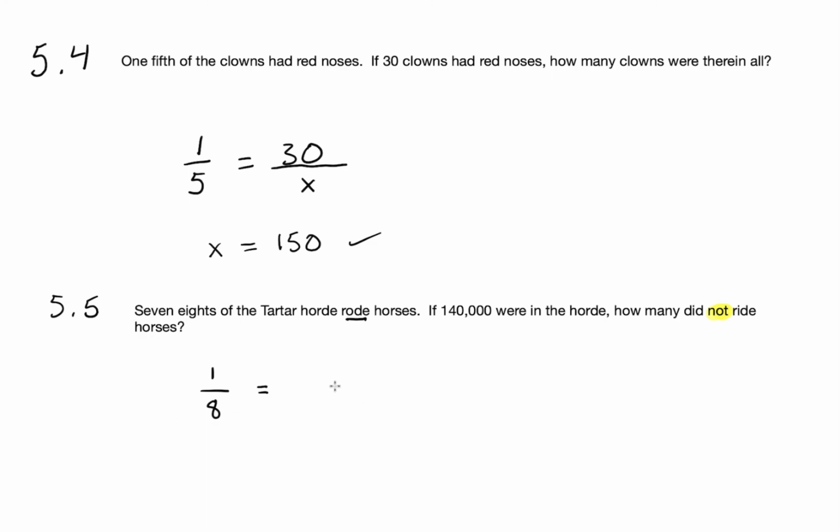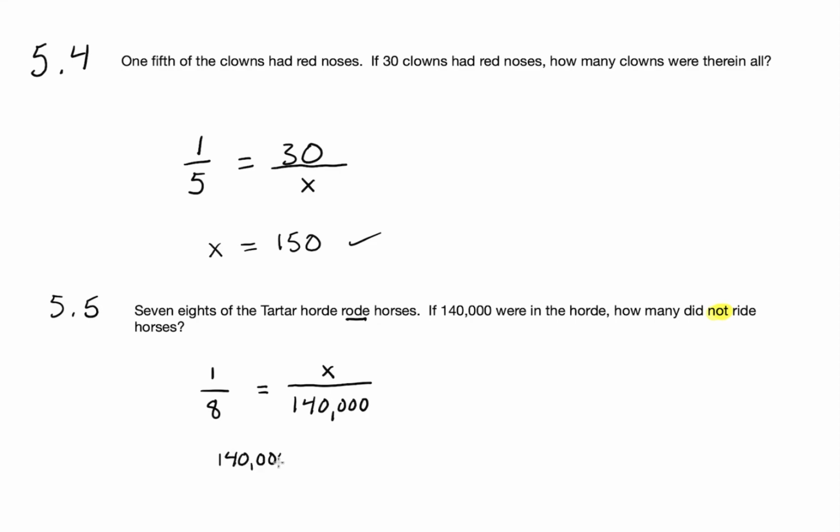1/8 of 140,000. So we know the total amount is 140,000. So this 1 out of 8 is the number we're looking for. This is our x. It's how many out of 140,000 is represented by 1/8. So the easy thing to do is we cross multiply 1 times 140,000.